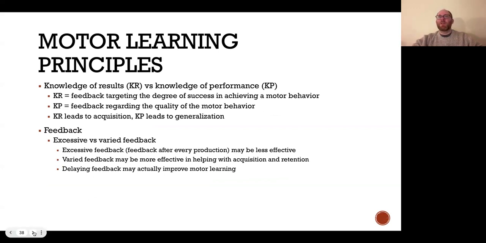So with that, you might tell someone your S might need to be a little bit crisper, or a little bit more sibilant, for instance. Or in knowledge of performance, you're going to be looking at the quality of the motor behavior. So you need to round your lips a bit more for production of O. The knowledge of results leads to better acquisition, and then your knowledge of performance leads to better generalization.